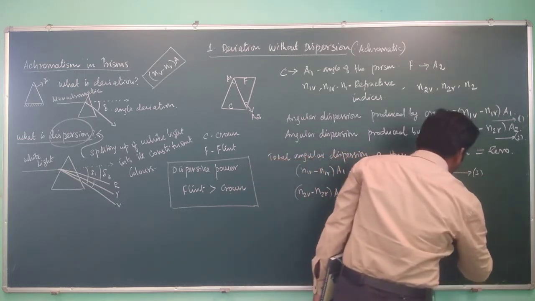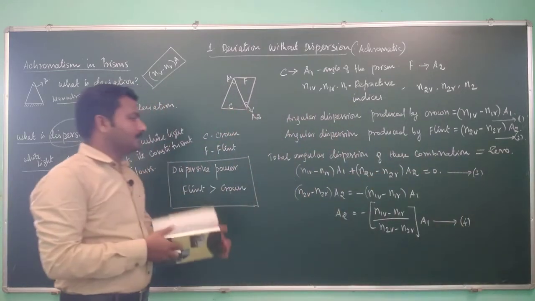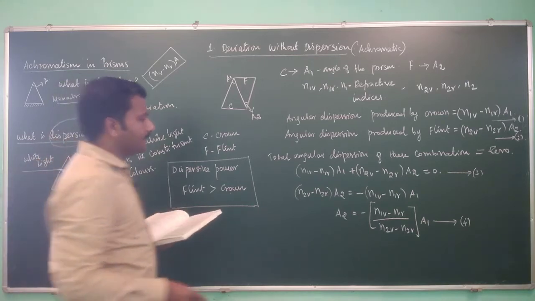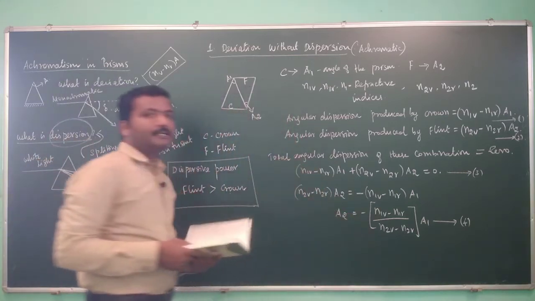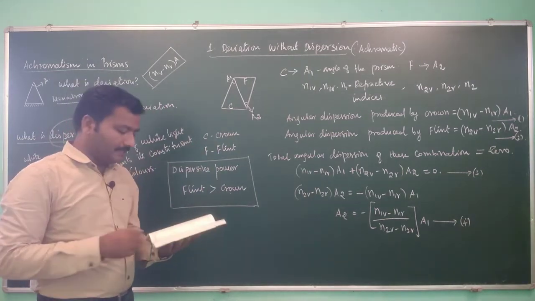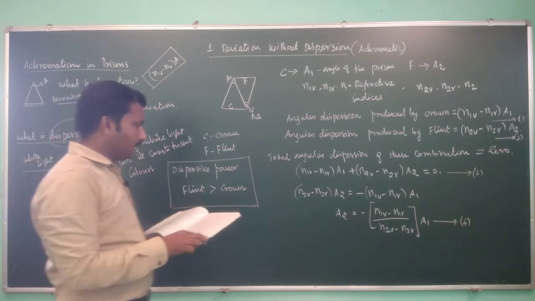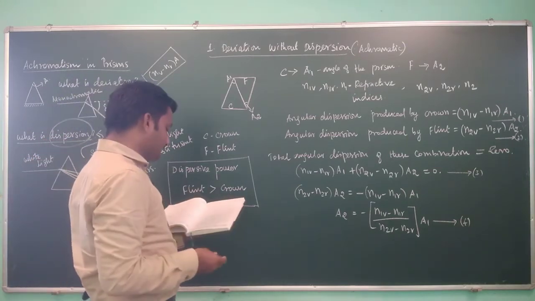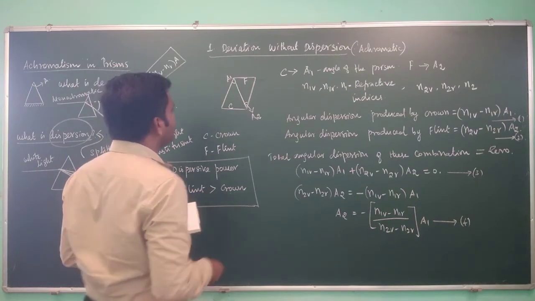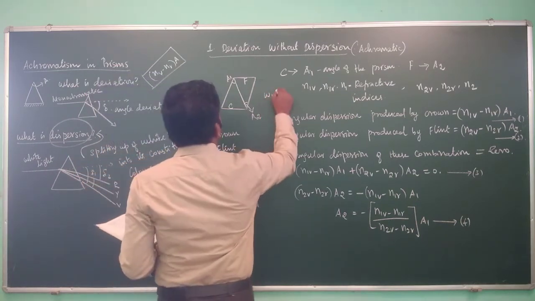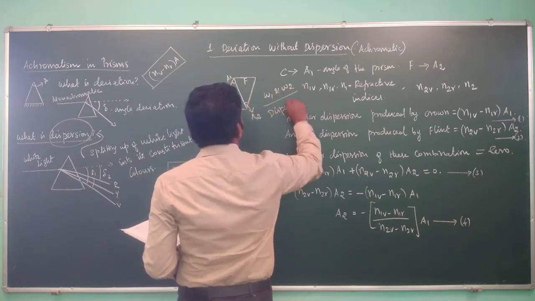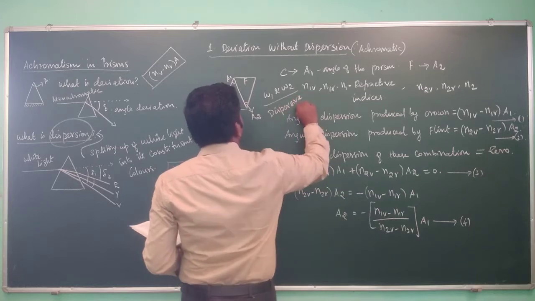This is equation number 4. Now we have the expression for A2 in terms of A1. Here there is a negative sign. This negative sign indicates that the refractive indices for crown and flint prisms lie in opposite direction. Okay, and now let's write the dispersive powers of crown and flint prism as omega 1 and omega 2. So let's define, these are the dispersive powers of two prisms.